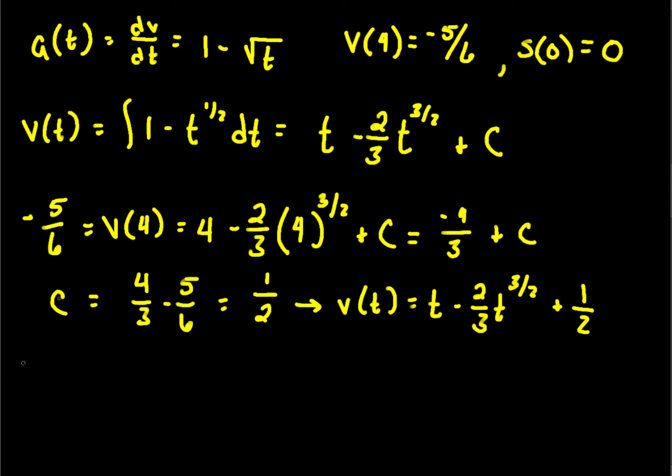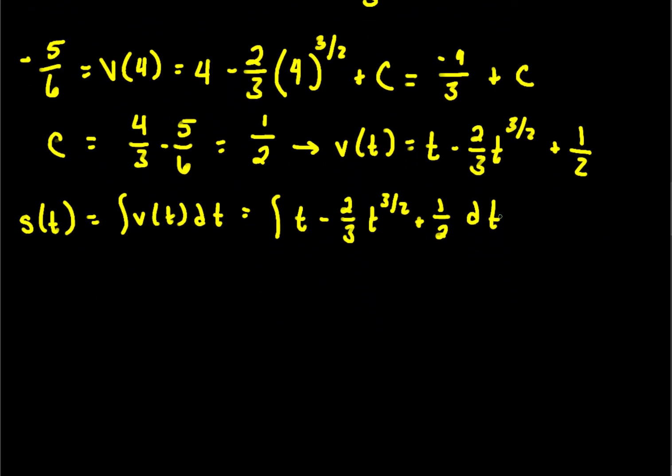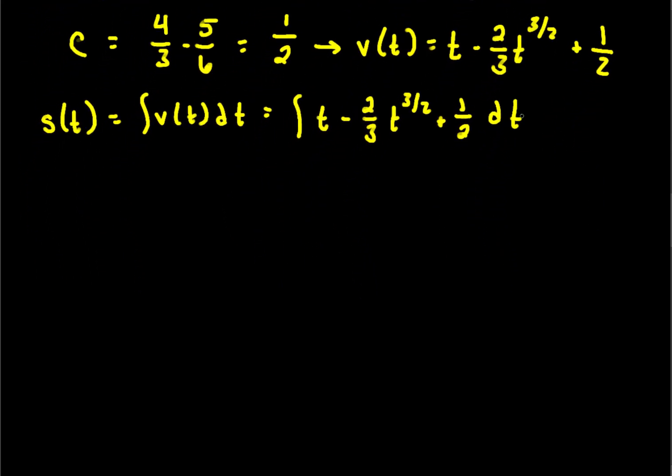Then our position function will be the antiderivative of velocity, which we just computed. So this is the antiderivative of t minus 2/3 t to the 3/2 plus 1/2 dt. That's what our position function has to be.